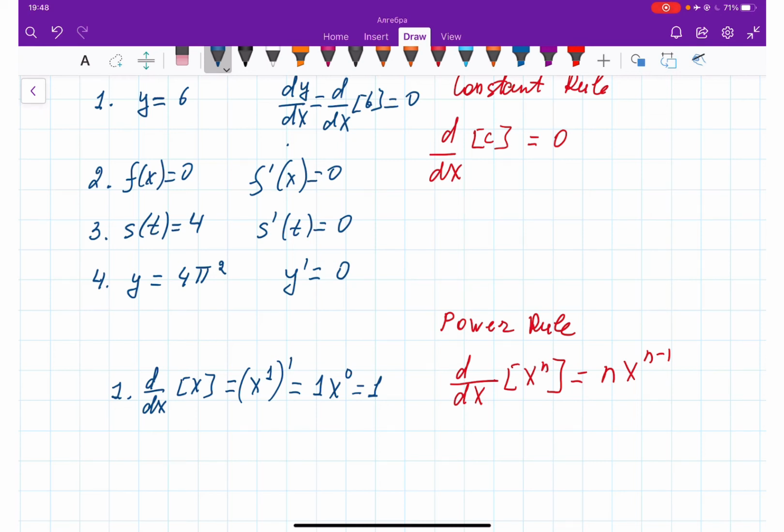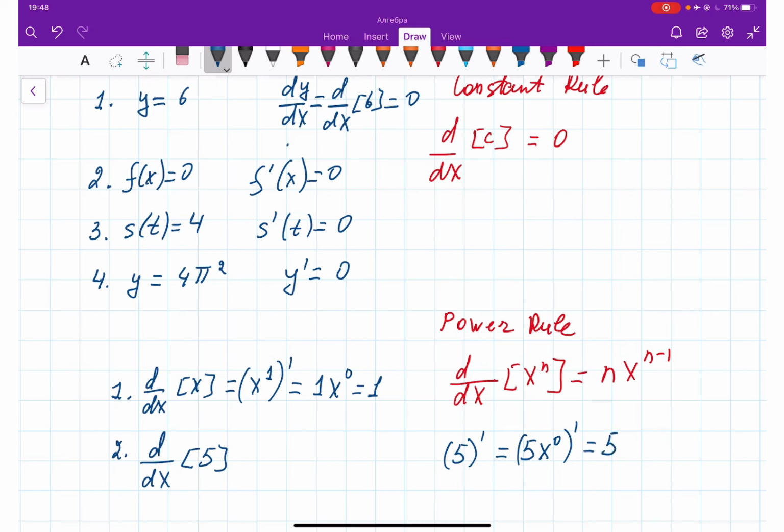Let's use the power rule for a constant. So if I take dx for a constant, what, 5, right? Or 5 prime. I can represent 5 as 5x to power 0, right? Because x to power 0 is 1, so it's the same 5. And what is going to happen?